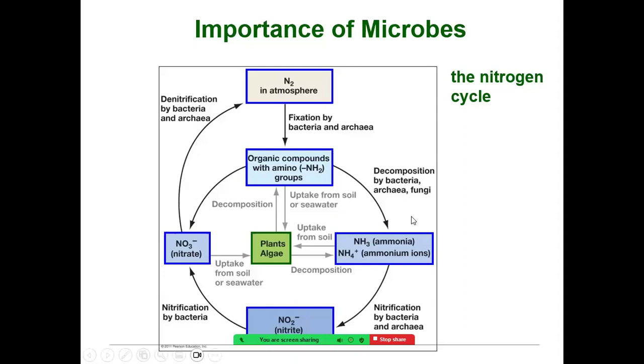The ammonia can be converted by bacteria and archaea in nitrification to nitrite. The nitrite can be converted to nitrate by bacteria, and the nitrate can be converted by bacteria and archaea into nitrogen in the atmosphere. And I should mention nitrate is the form of nitrogen that green plants love.